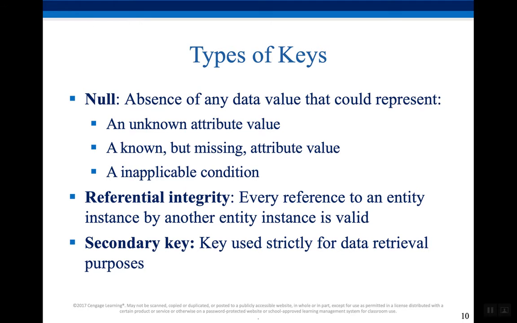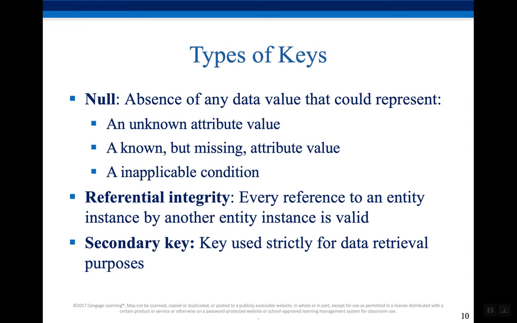If you have the number 6 or 7, 8, 9, 10, any number not in that set, that is referred to as breaking referential integrity, which, if you're a database person, is a bad thing. It means the database is not valid. The results you get will not be valid when you execute a query.